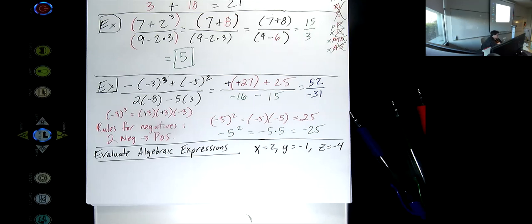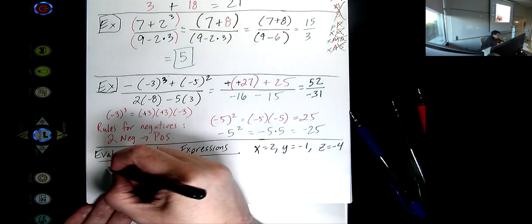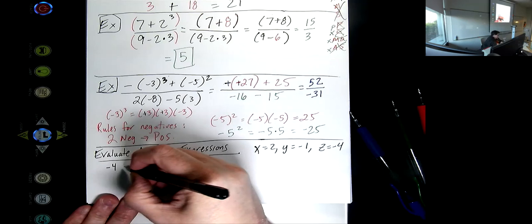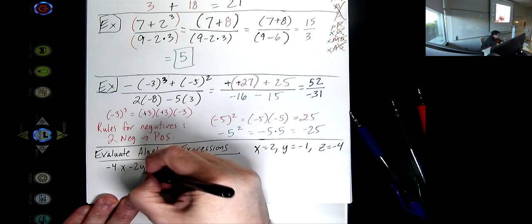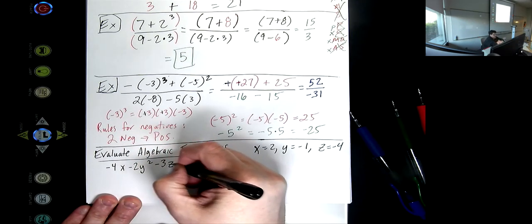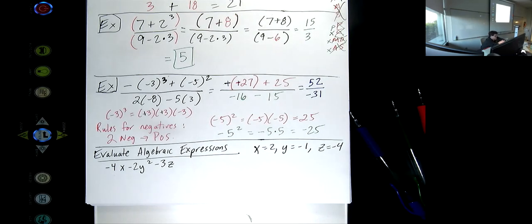And we're going to evaluate -4x minus 2y squared minus 3z. Let's call this problem A. Good call.